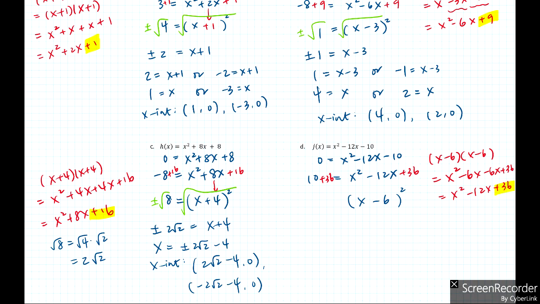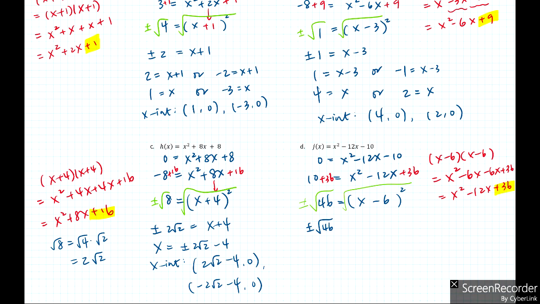So on the left side, we would get 46 is equal to x minus 6 squared. Now taking the square root on both sides, make sure you do plus or minus, and we would get plus or minus root 46, which unfortunately cannot be simplified any further just because 46 is 2 times 23.